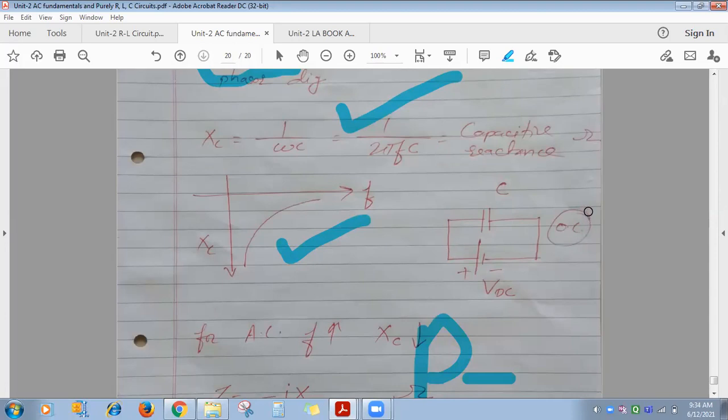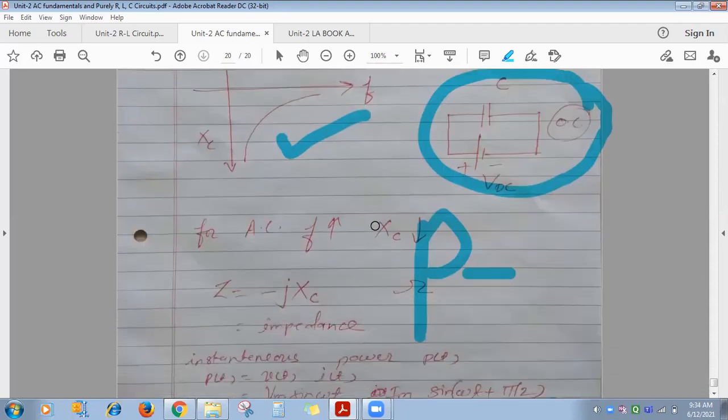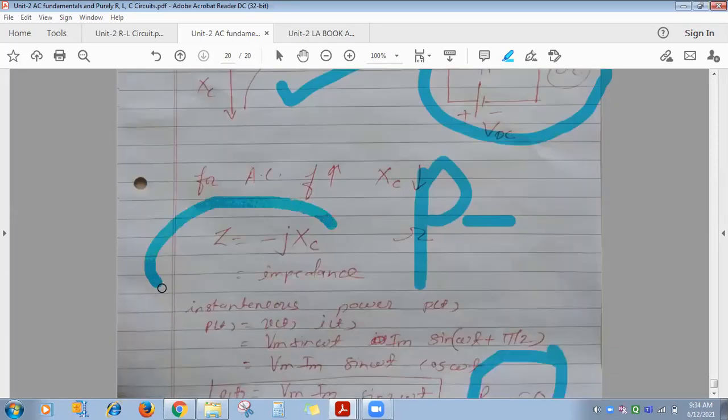For DC, the capacitor acts as an open circuit, and for AC, as you go on increasing the frequency, XC decreases. Sometimes if you get asked, the formula of Z in rectangular form is minus jXC, and in polar form it is XC at an angle of minus 90 degree.